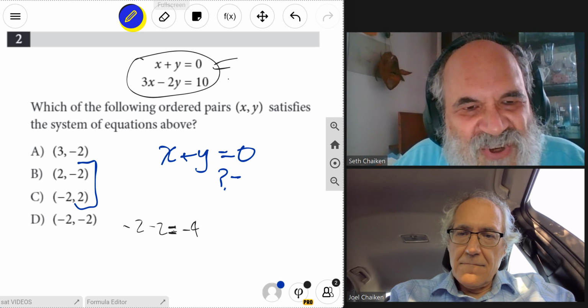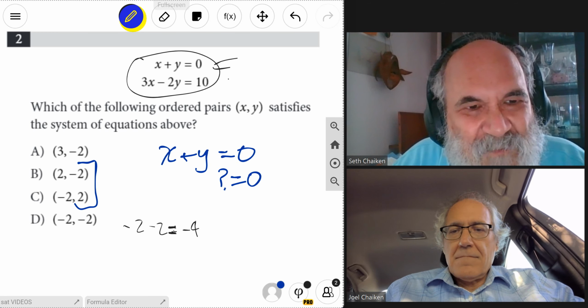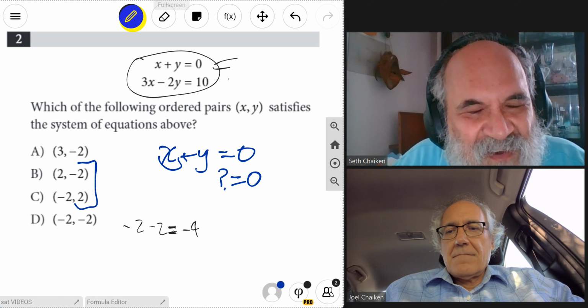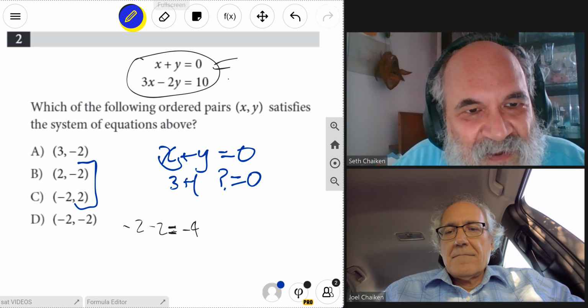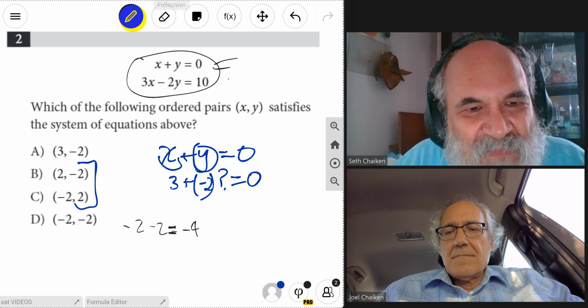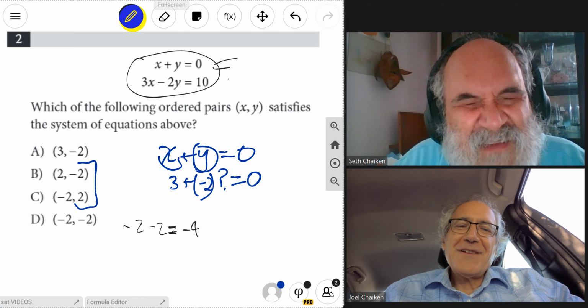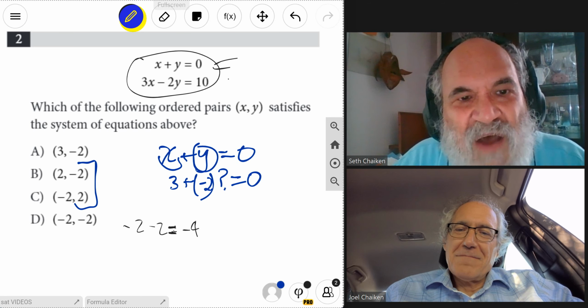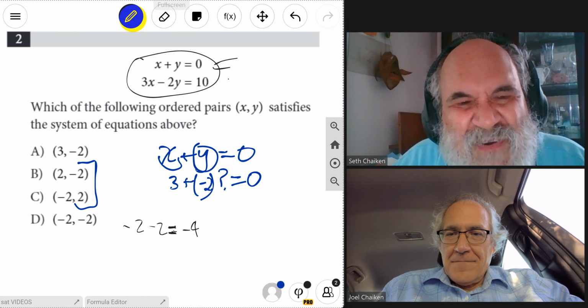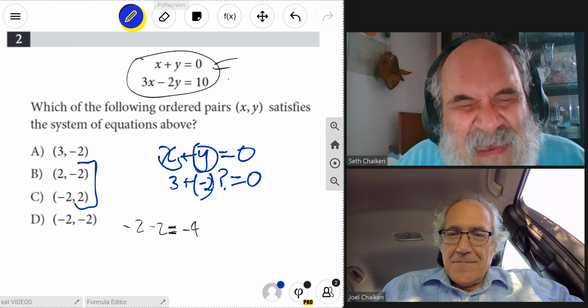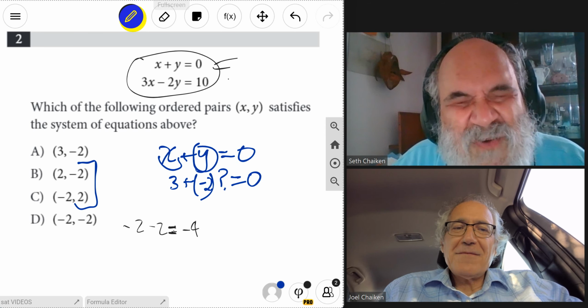We want to check, does substituting 3 for x plus minus 2 for y equal 0? Well, these are not oppositely aligned, and so it's not 0. The only way for it to be 0 is if these are the same absolute values with opposite sign.